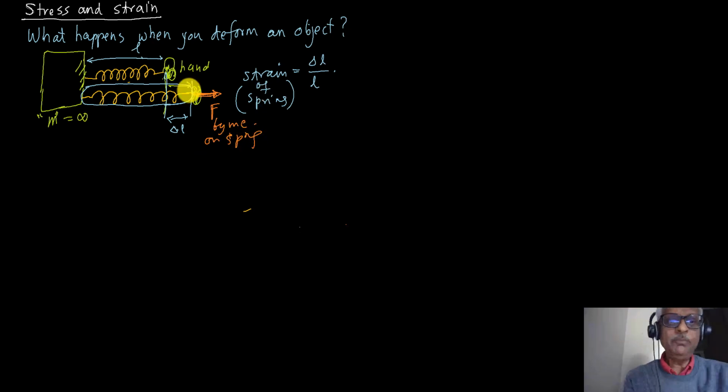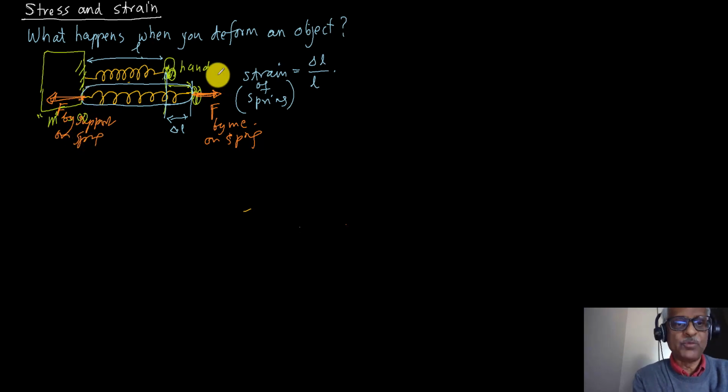So if you look at this end, this block is also pulling in this direction: F by support on spring. So the spring has two forces, and there's no acceleration of the spring, it is 0.